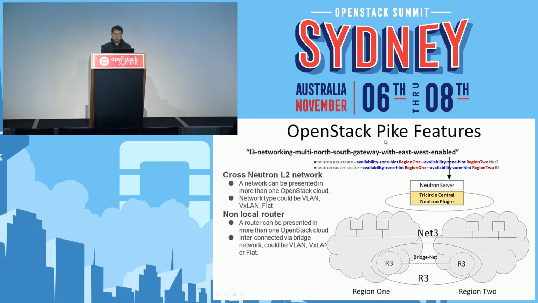For example, for Net3 and R3, which work in region 1 and region 2, you need to specify the availability zone hints region 1 and region 2.